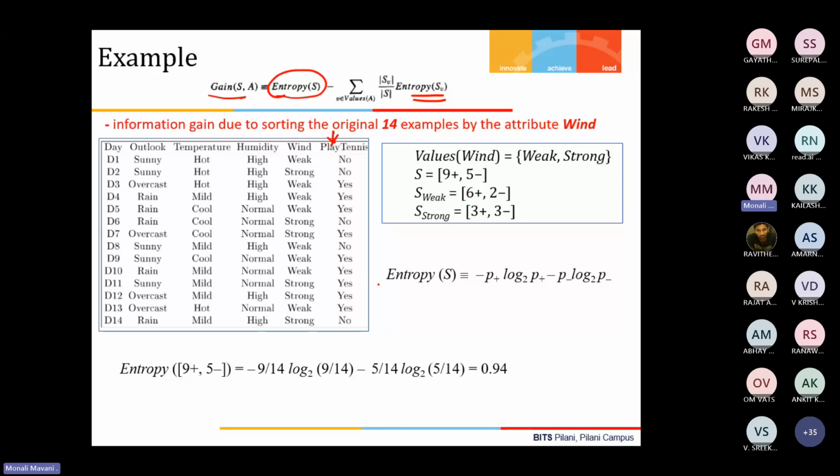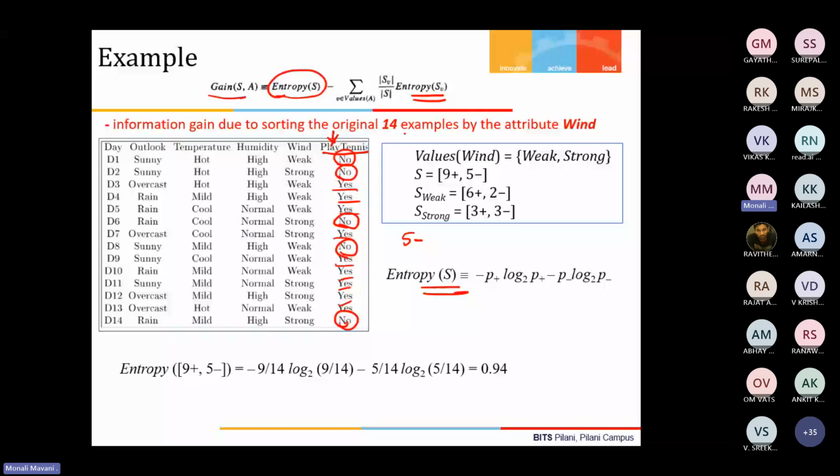First, I will calculate the entropy for the class variable, which is play tennis. How many examples do we have, positive and how many negative? No class 1, 2, 3, 4, 5. So we have 5 negative, and the rest of them are 9 positive.